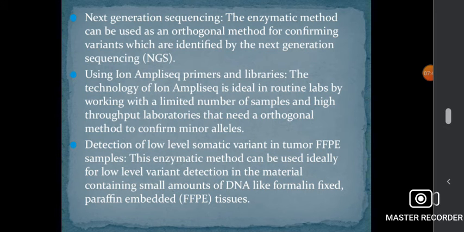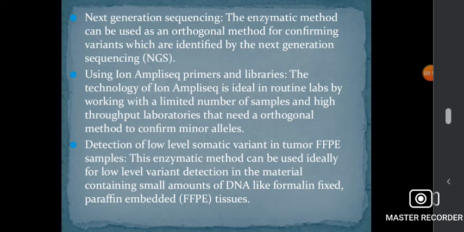The third application, next generation sequencing. The enzymatic method can be used as an orthogonal method for confirming variants identified by next generation sequencing using Ion AmpliSeq primers and libraries. The Ion AmpliSeq technology is ideal in routine labs working with a limited number of samples and in high throughput laboratories that need an orthogonal method to confirm minor alleles.